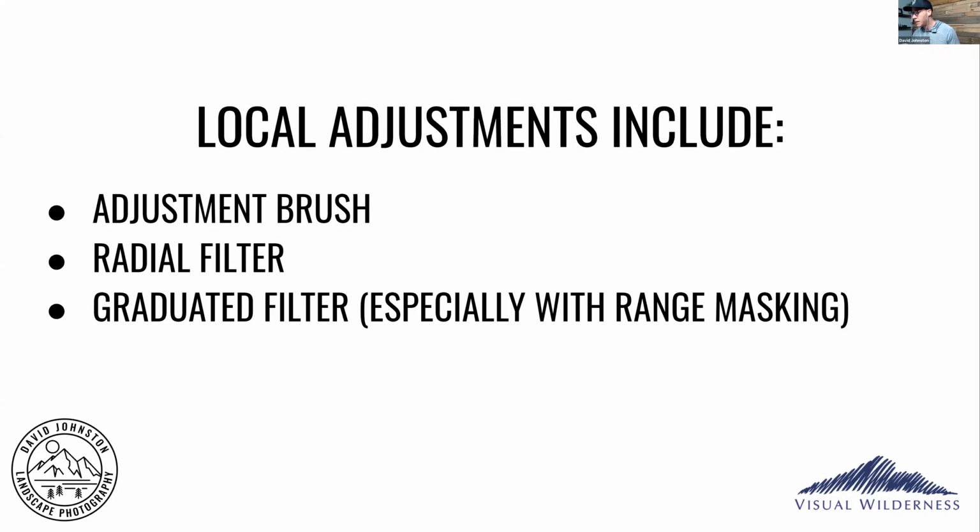But with range masking, you can tell the software, hey, I only want to adjust the highlighted portion of this area. I don't want you to adjust the shadowed portion that could be a mountain, a tree, anything that gets into that part of the image. So that's really important when we talk about local adjustments. And honestly, for me, I don't even use grad ND filters in the field anymore. I just use graduated filters with range masking.